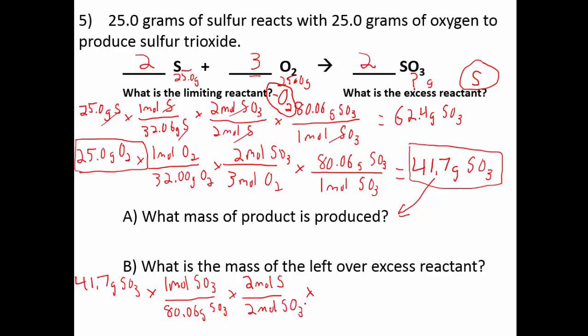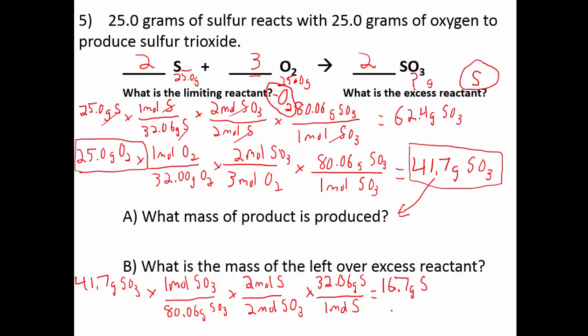And then finally moles back to mass. 32.06 grams of sulfur over 1 mole of sulfur. Knowing that, numbers on top multiplied, numbers on bottom divided, it comes out to 16.7 grams of sulfur needed.